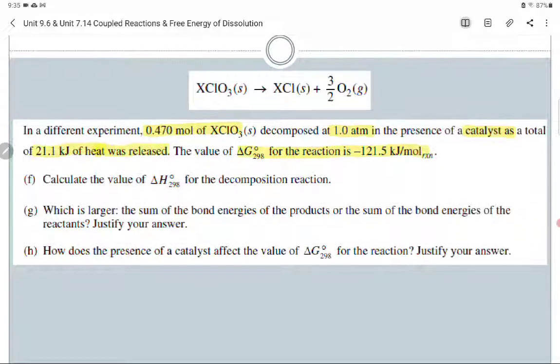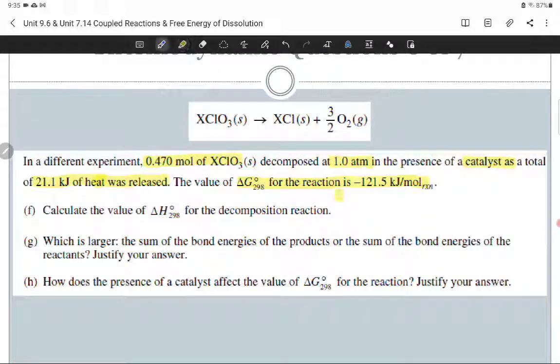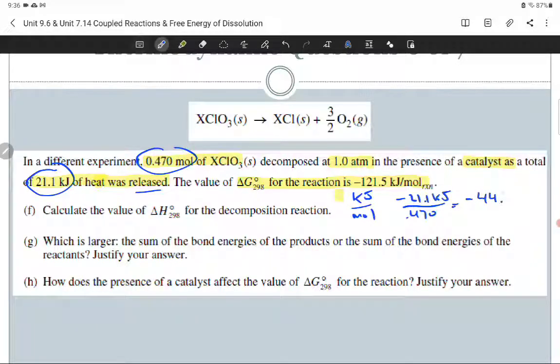Well, delta H is nothing more than the kilojoules per mole. So we have kilojoules and we have moles. Now it says released, so you have to know that that's a negative. Okay, so that's how many kilojoules per mole for that decomposition reaction.